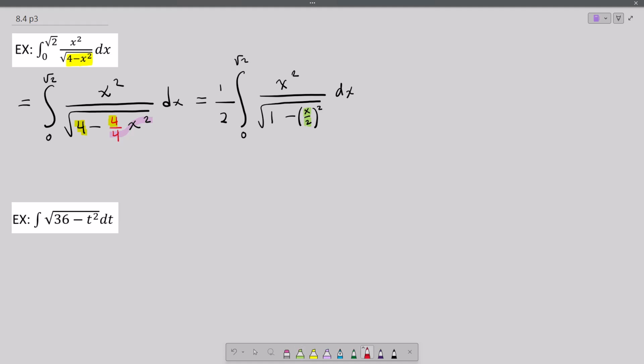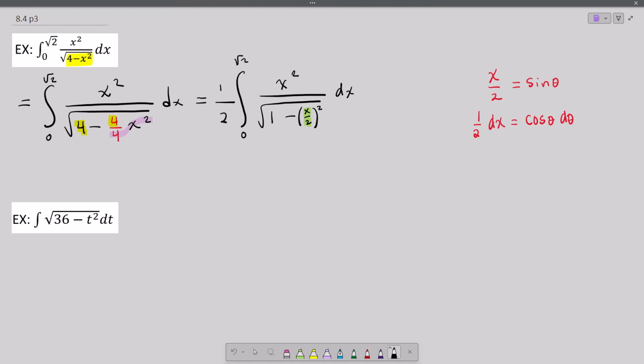So we're going to come off to the side, and we're going to say, let x divided by 2 be sine of theta. And then we're going to take the derivative of both sides. Derivative of the left is 1/2 dx. Derivative of the right side is cosine theta d theta. And now we're going to substitute.